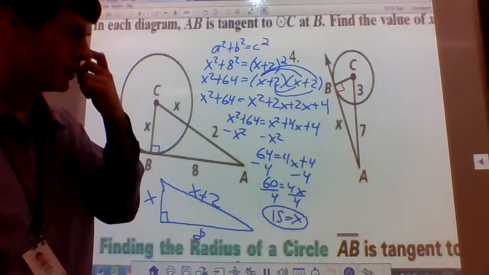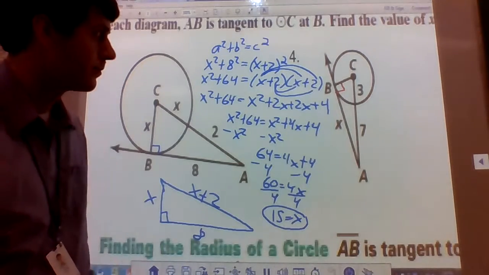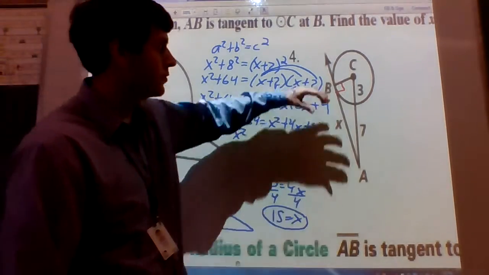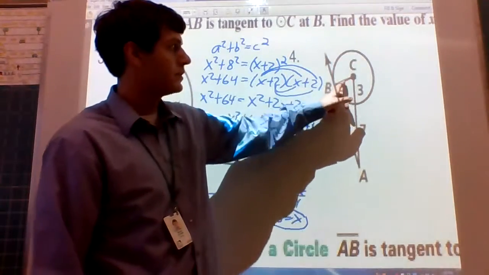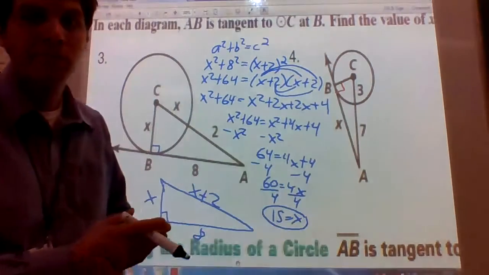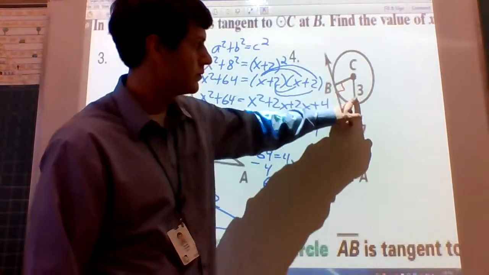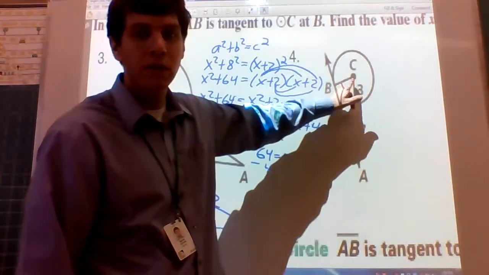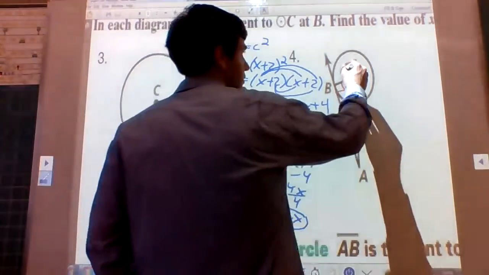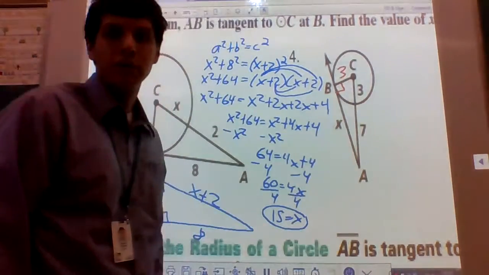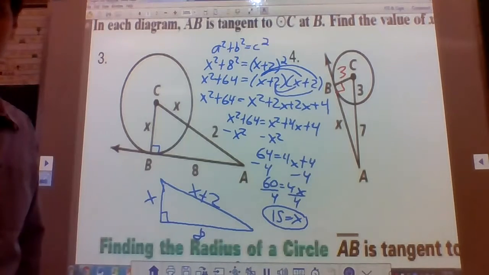A squared plus B squared equals C squared. The other trick to this problem is finding what BC is. So BC is a radius. So all the radiuses are the same. So this radius right here is 3, which means BC is also going to be 3, because it's also a radius.